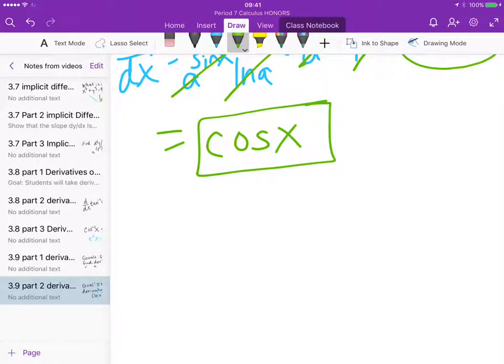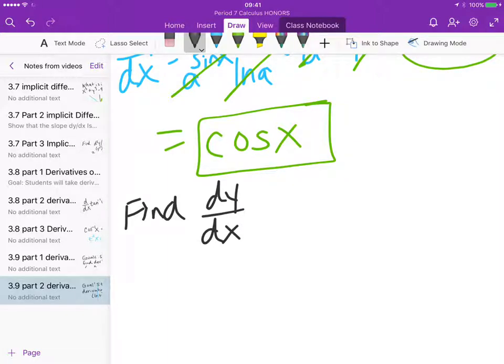All right, guys, I want to give you a couple of examples, and I'll give you the answers as well, to make sure that you guys are all on the same page with this one in particular. So what I want you guys to do is give this one a shot. Find dy dx.